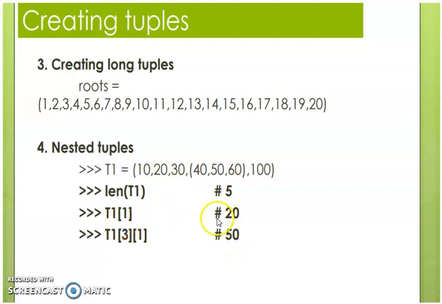Here 0th element, here first element. Then T1 of 3, 1 means here 0, 1, 2, 3. So 3 means the third element. Then in this third element, first one, here 0, here 1. So the element is 50.